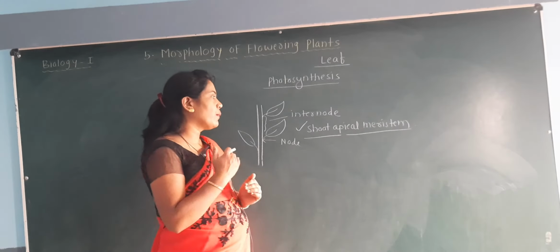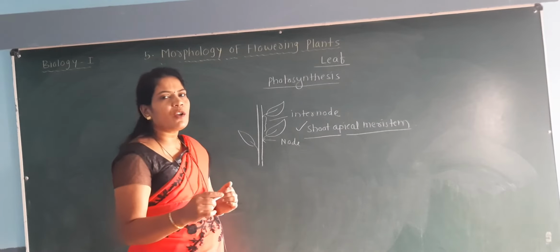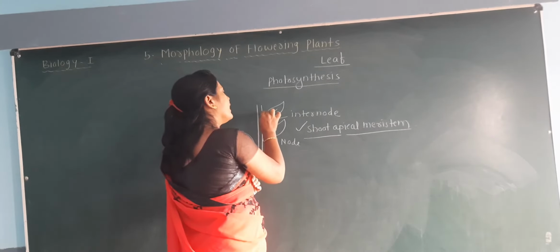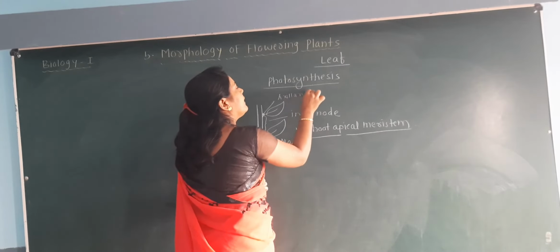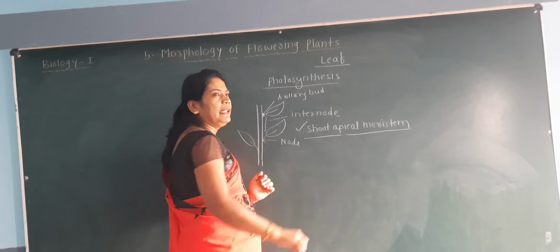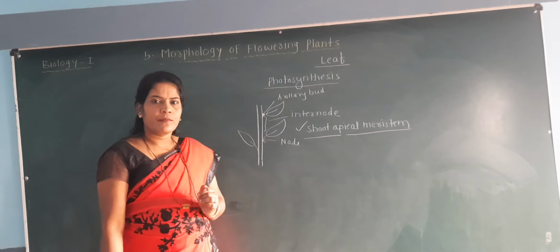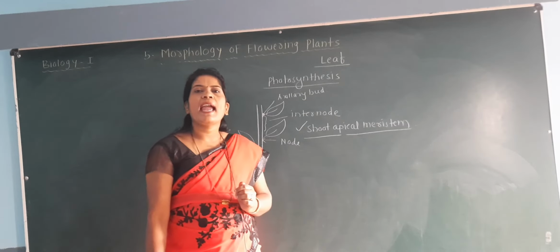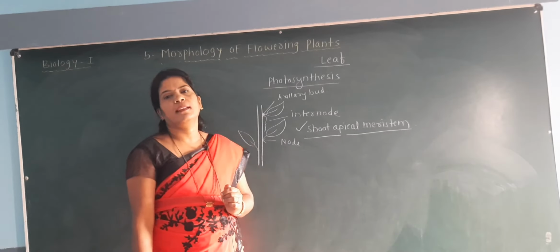It develops from the shoot apical meristem, and in the axil of the leaves there is one bud that we also studied, and the name of that bud is called the axillary bud.